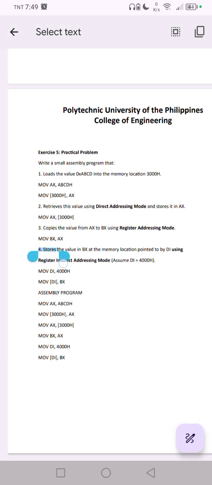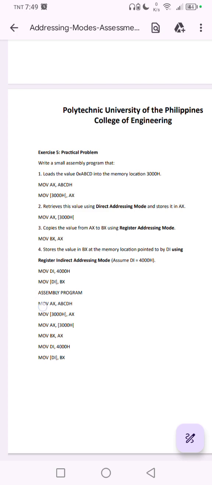Then store the value in BX at the memory location pointed to by DI. MOV DI, 400H; MOV [DI], BX. The DI register is 400H and the value in BX is stored at the memory location pointed to by DI. This shows how register and direct addressing can be used to dynamically store values in memory.